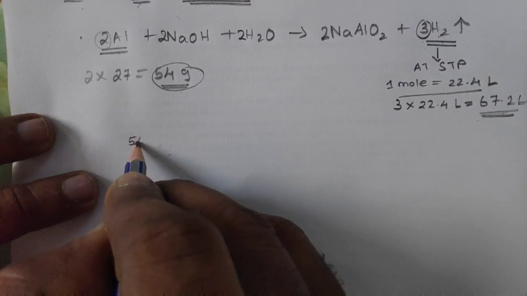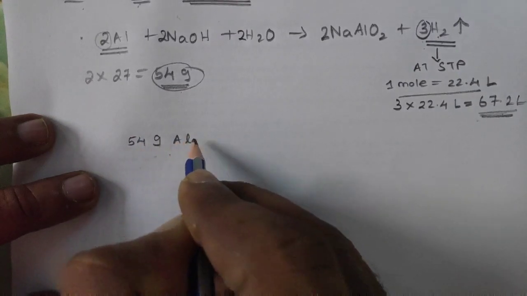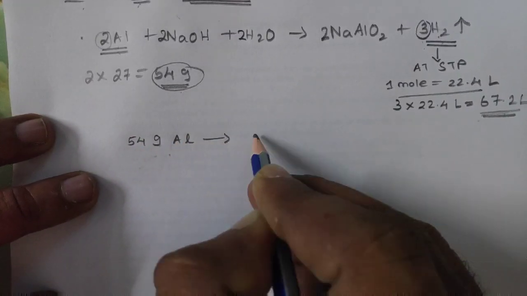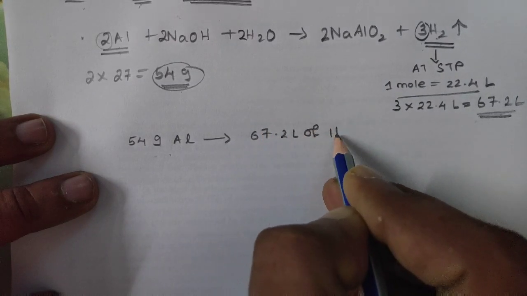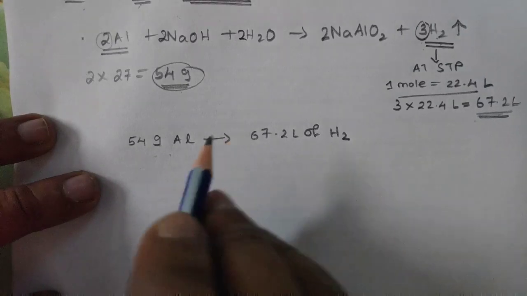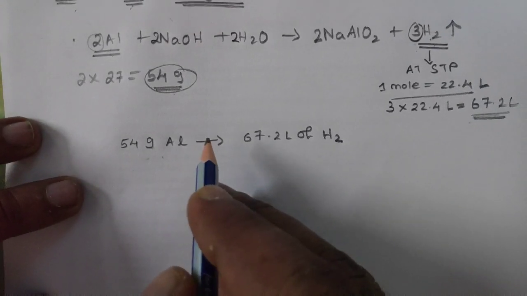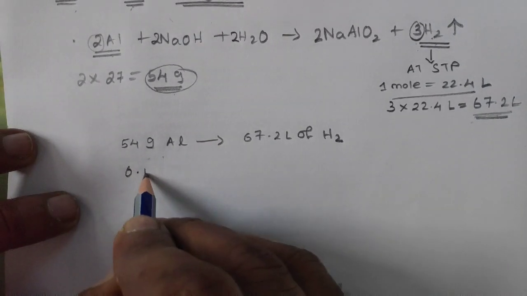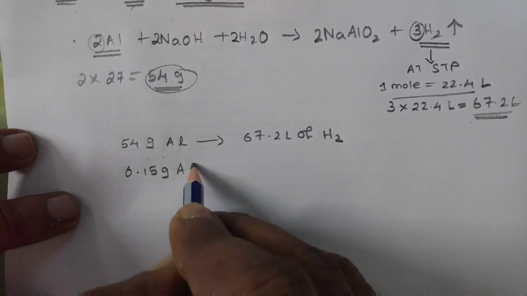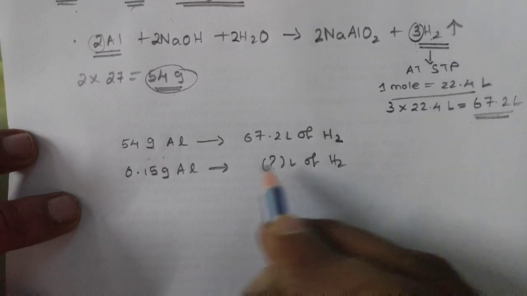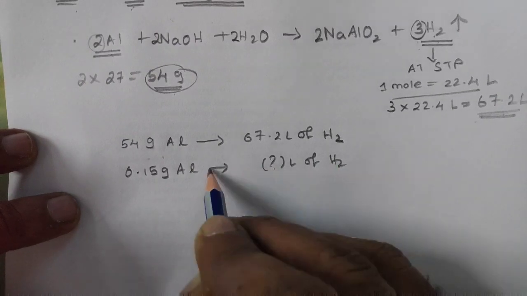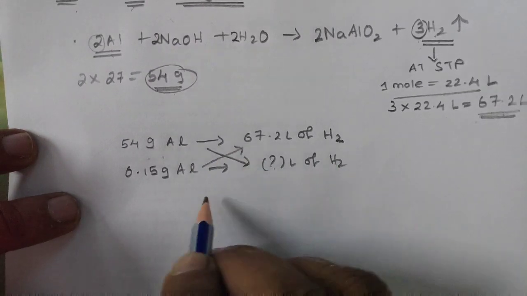See, 54 grams of Al gives 67.2 liters of H2, right? Now in your question, it is written 0.15 grams of Al gives how many liters of H2? The simple cross multiplication: opposite to the question mark will go up and this will come down.